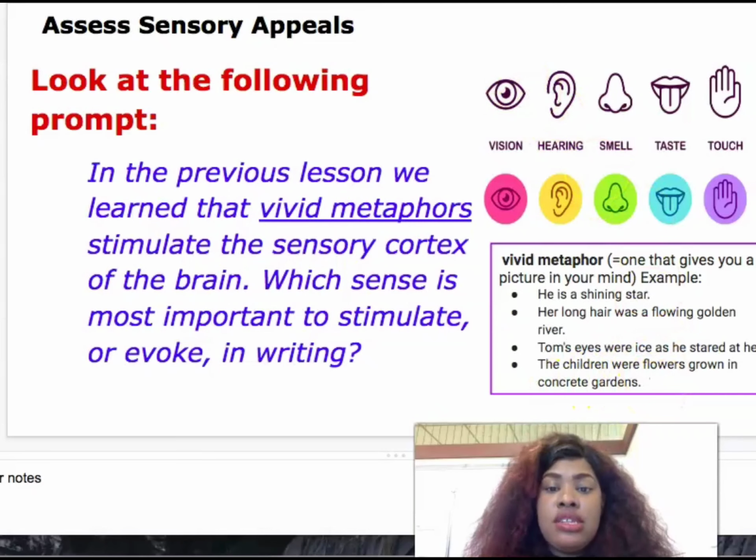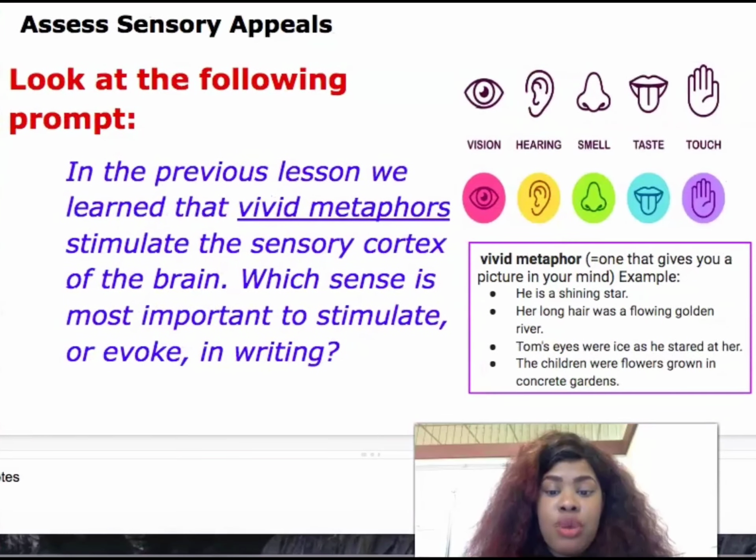As you can see, there's a lot of descriptive language in these examples, and it's comparing two things without using like or as. It's comparing the man to a shining star, and her hair to a flowing golden river. It's using vivid metaphors with sensory language.